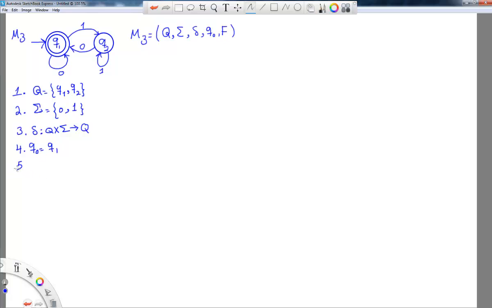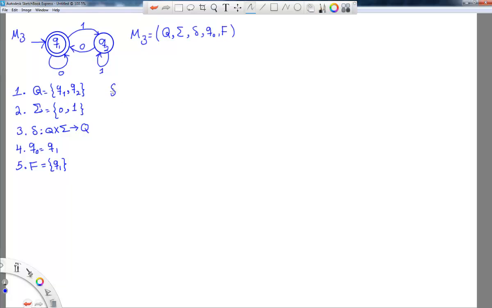And 5, F, the set of accept states, is going to be a set composed of Q sub 1. This is the formal definition of the M sub 3 that we have here. Notice that practically the only change is that now the set of accept states is the set Q sub 1 instead of Q sub 2, which was our previous example.